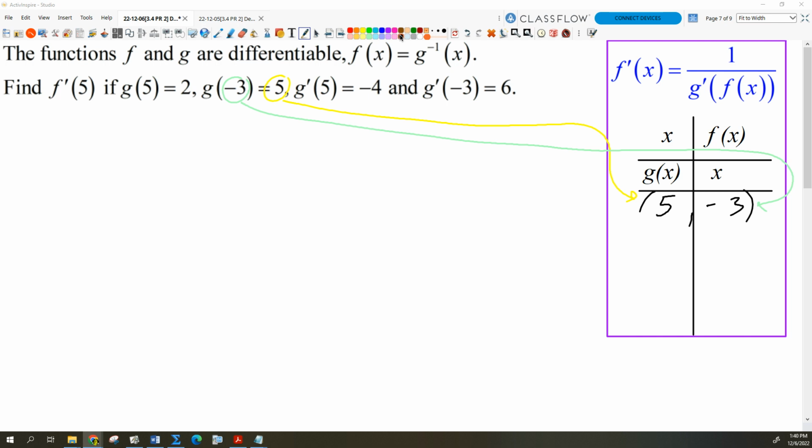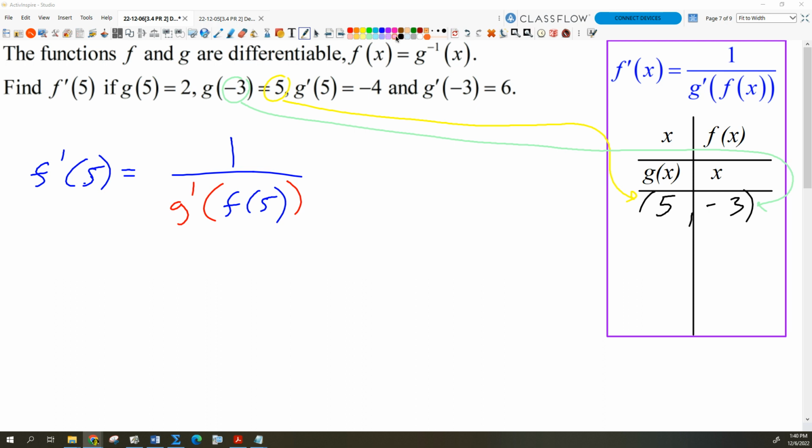Okay. Makes sense? So now we're good, right? Because then f prime of 5, we use our relationship, the derivative of the inverse of G, right? So f prime of 5 is 1 over G prime of f of 5, right? Okay. Well, what's f of 5? -3. Yeah.